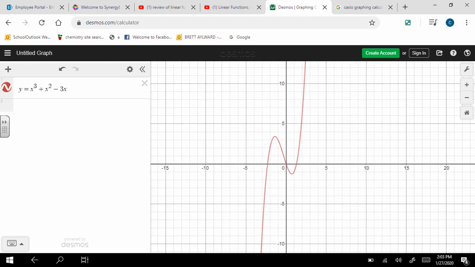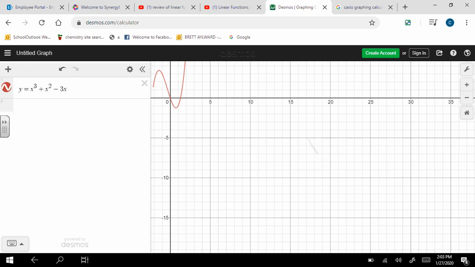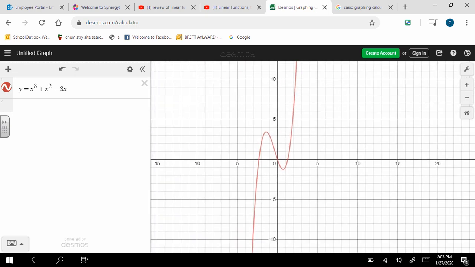Okay, but if I'm looking on a calculator, I should be in kind of that -10 to 10 on the x's, and -10 to 10 on the y's. I should see a function that's cubic in nature because the degree is 3.